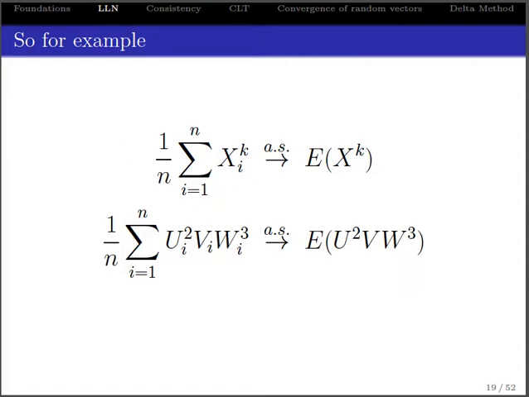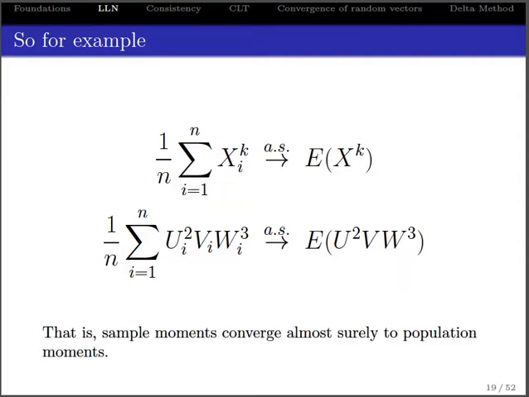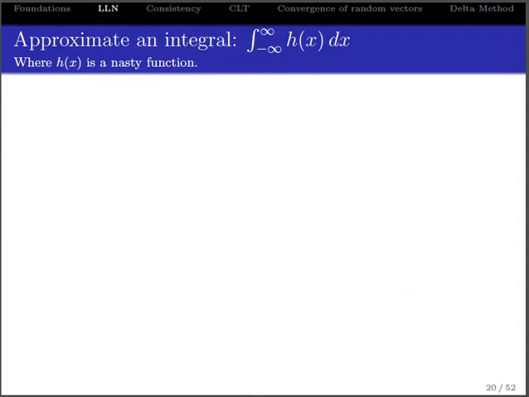So it's not just approximating probabilities with simulation, it's approximating expected values. Sample moments converge almost surely to population moments.